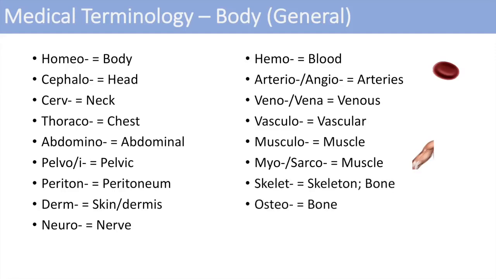Two related ones are also skeletal or skelete, like in musculoskeletal system, and osteo, which means bone. So they both are related to bones. Another one is cyto for cell, and the other related term is the suffix cyte, which means cells or cellular.